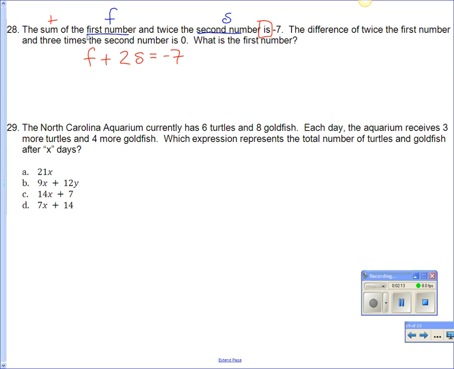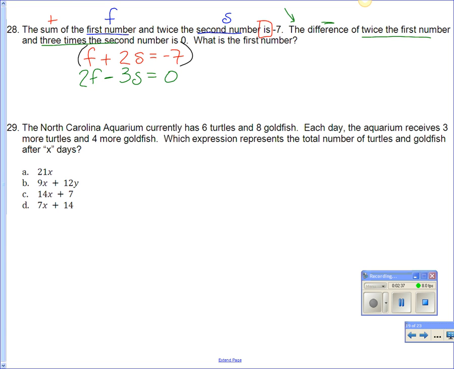The second equation, it says the difference. That means I'm going to have to subtract something. What am I subtracting? Twice the first number, that's 2f, and 3 times the second equals 0. Okay, all right, so this is a multiply, multiply, cancel, cancel. What will cancel with +2f?